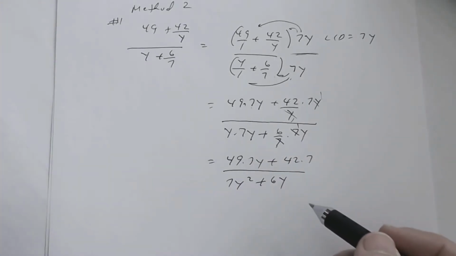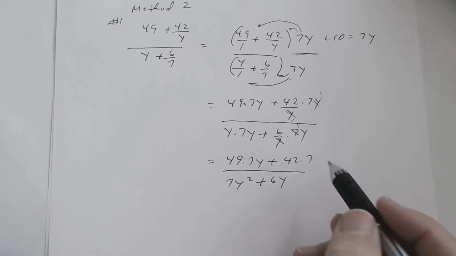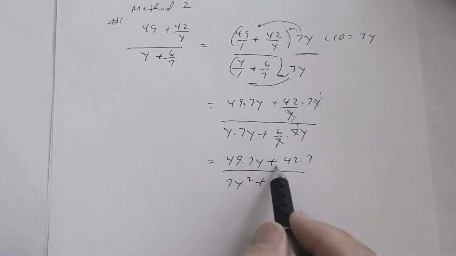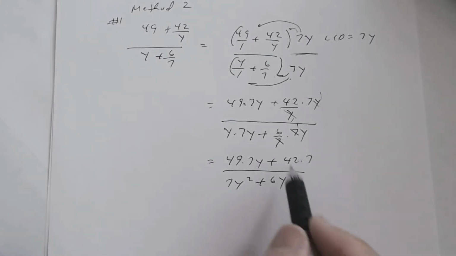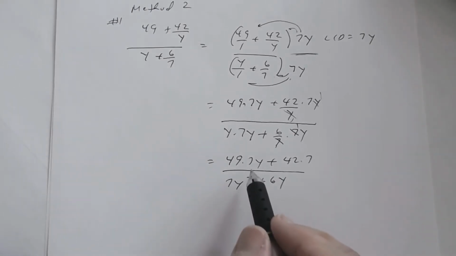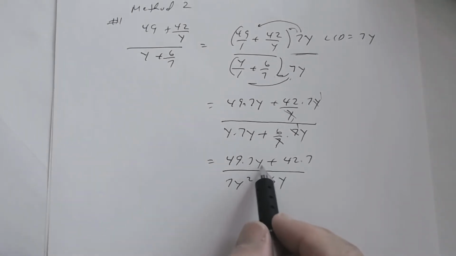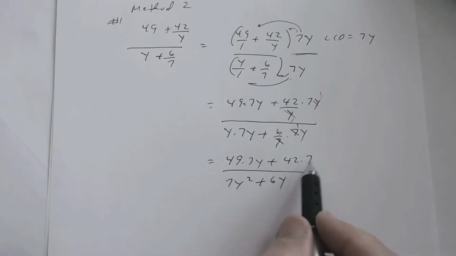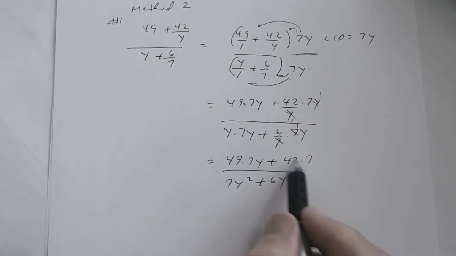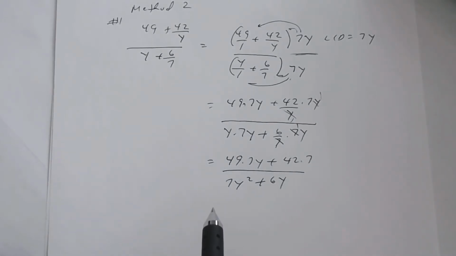Okay, now let's see what we get. So I know that in the numerator, and remember you have this rational expression, so you want to factor and then reduce if you can. So I know that I can factor out a 7, and if I look at the 49 and the 42, I can factor out another 7, right?